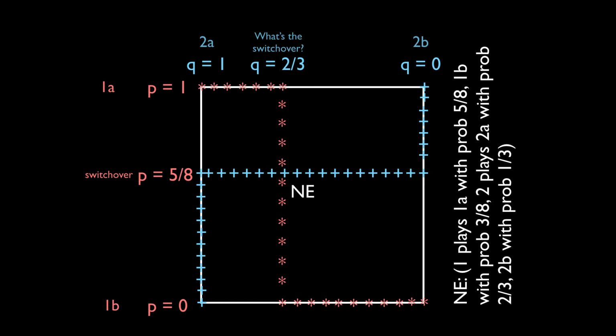This means you play 1A with probability 5/8, 1B with probability 3/8, 2A with probability 2/3, and 2B with probability 1/3. Some people write this down because it's a lot easier. I kind of don't like this that much because this is not really a mathematical expression. This is a strategy. This is not an algebraic thing.